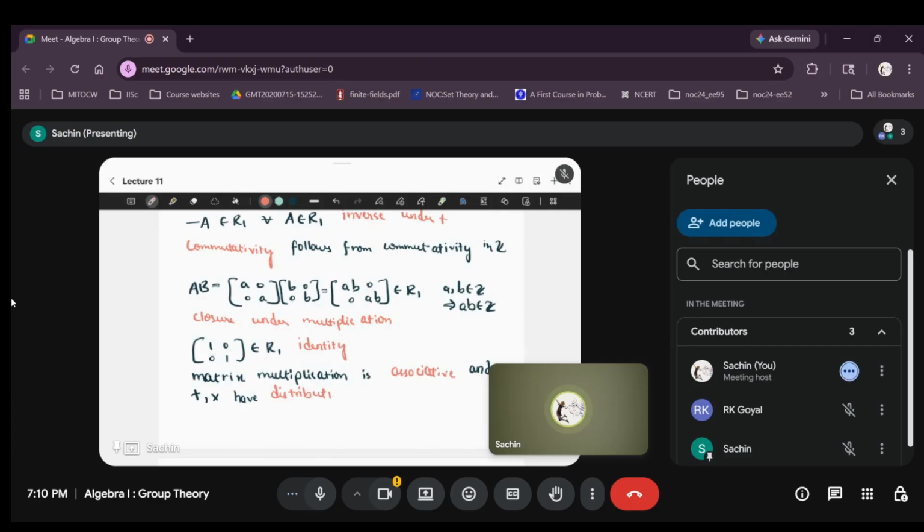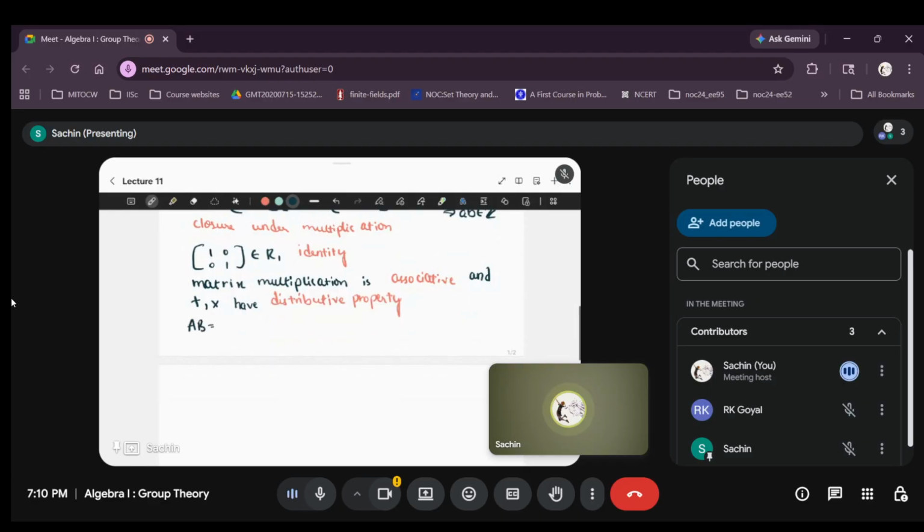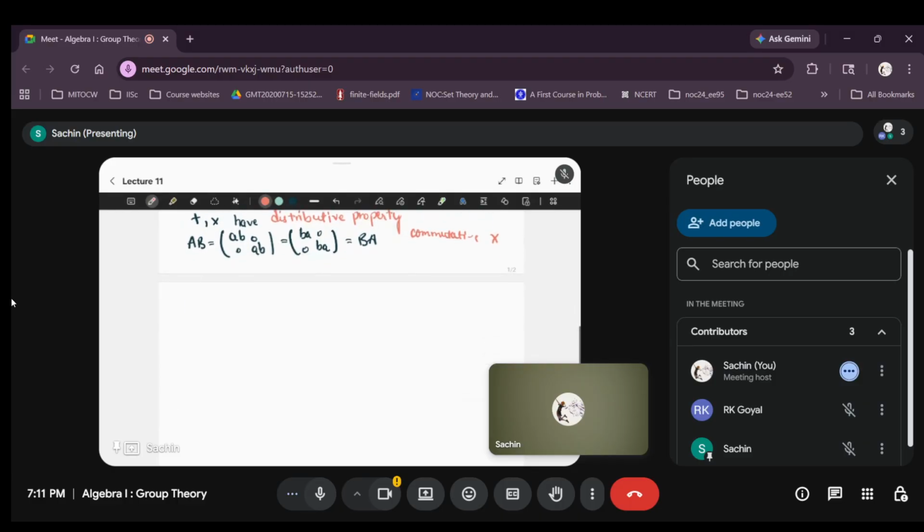Distributivity is also a general matrix operation property. Then AB is AB00AB, which is equal to BA00BA, which is equal to B times A. So multiplication is commutative. As you can say, R1 is a ring.